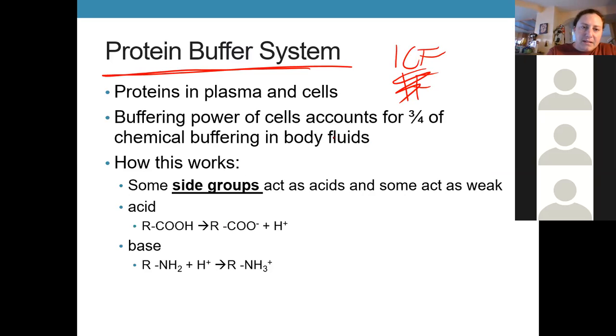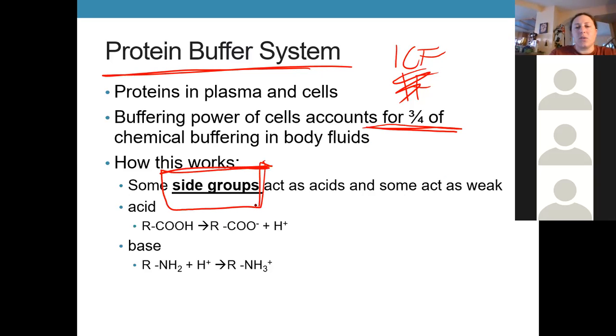In fact, the buffering power of the intracellular fluid in the cells accounts for 3/4 of the chemical buffering in body fluids total. So that makes this way more important for total body buffering compared to the bicarbonate system. The reason it's able to do this is because every single amino acid in every single protein has a side group.